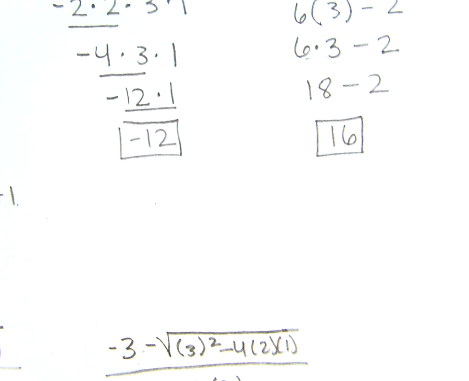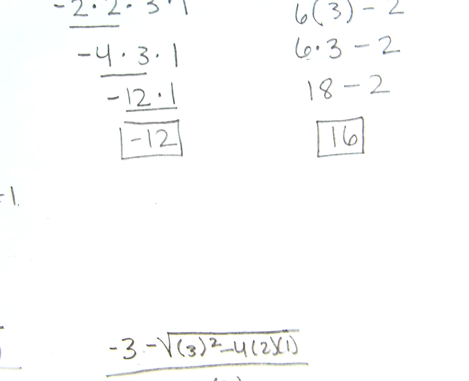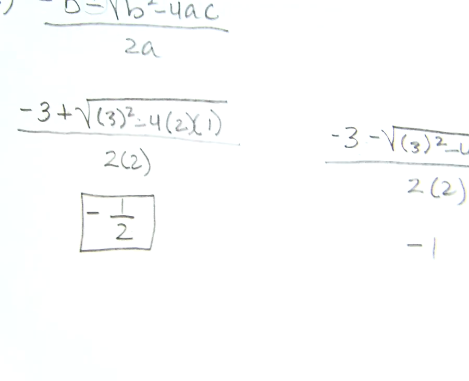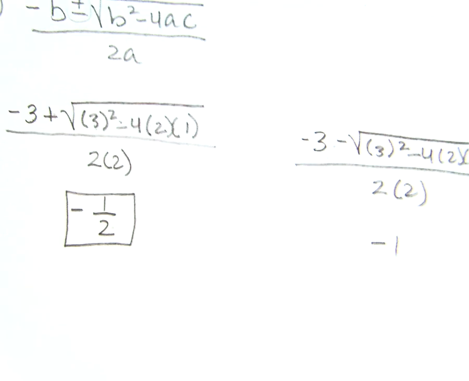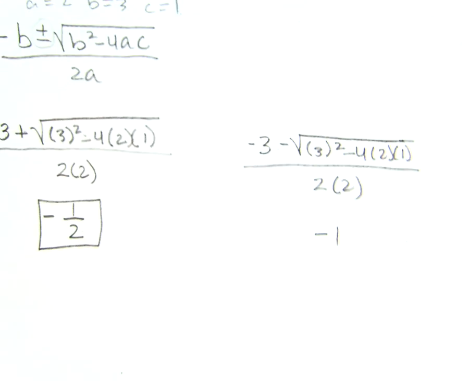Again, you can absolutely do this without a calculator. You would do 9 minus 8 is 1, square root of 1 is 1, negative 3 plus 1 is negative 2, divided by 4 is negative 1/2. Okay, so it is 100% possible to do this without a calculator.